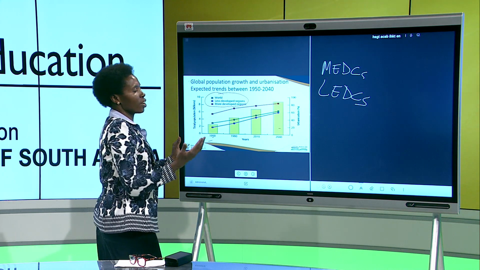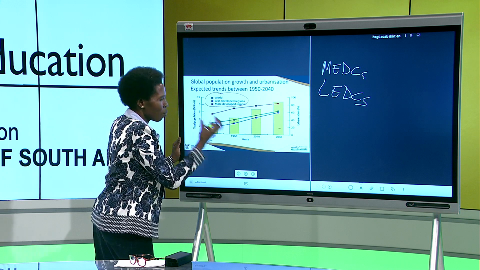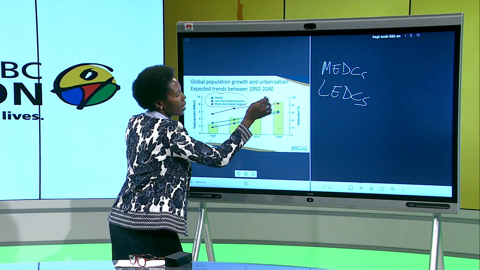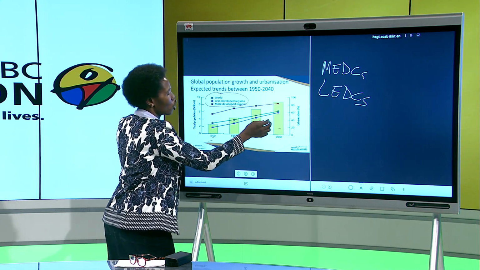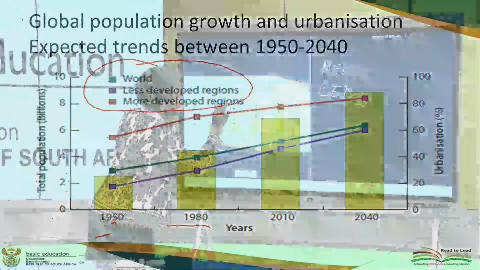Let's take a question that is asking, according to the graph, what is the percentage of people who are living in urban areas in more developed countries, in which year? 1980. So you look at where 1980 is, and then you look at the graph of more developed countries.